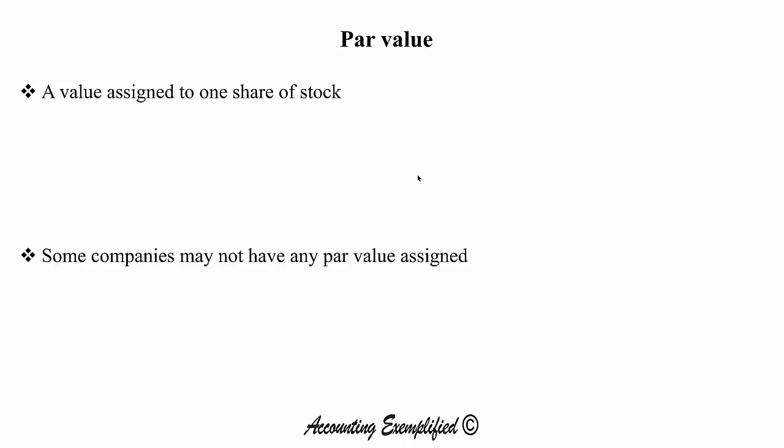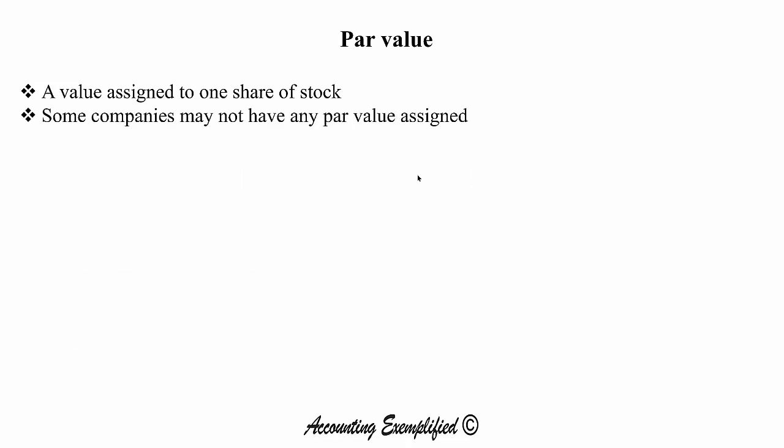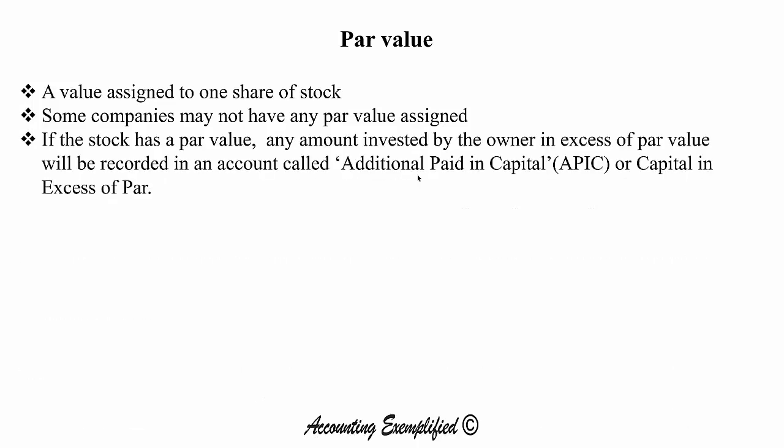Now, par value. What is a par value? A par value is a value assigned to one share of stock. In some states, a par value is mandatory. Now, some companies may not have any par value assigned. That depends upon the kind of stock and the states they are incorporated in.